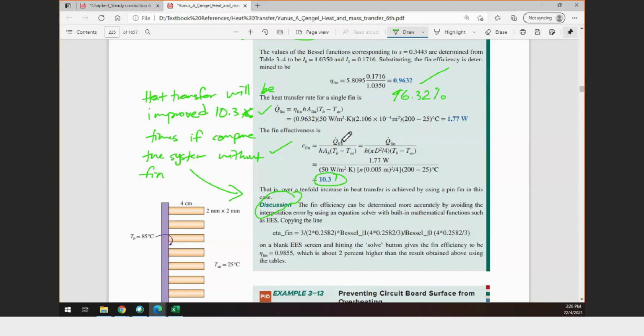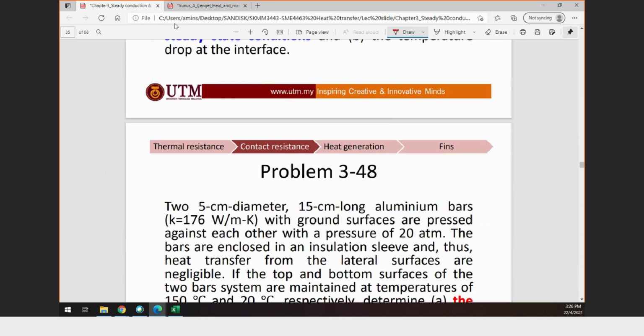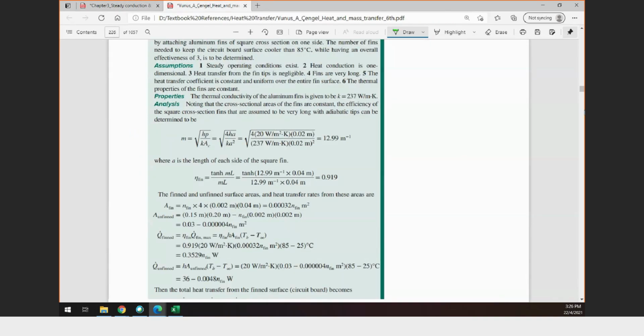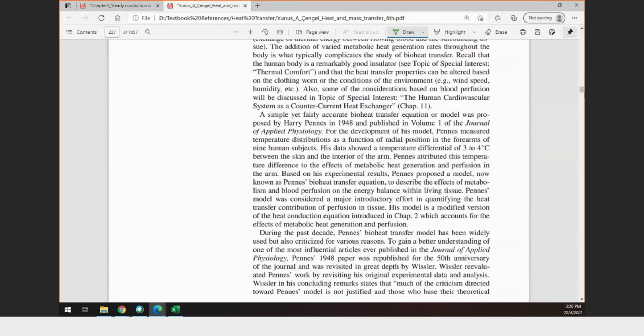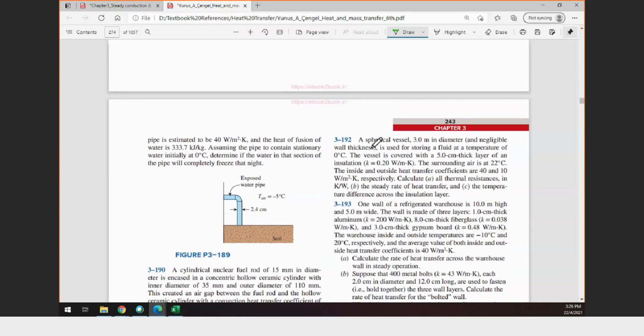Okay. Any other question that you want to ask? Probably not. I want to show you some examples related to the long fin equation.